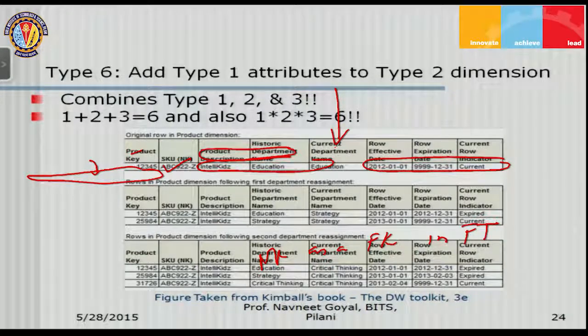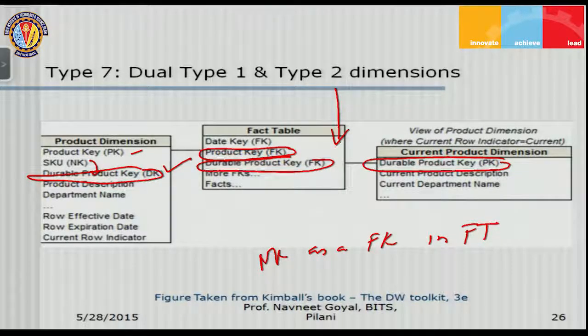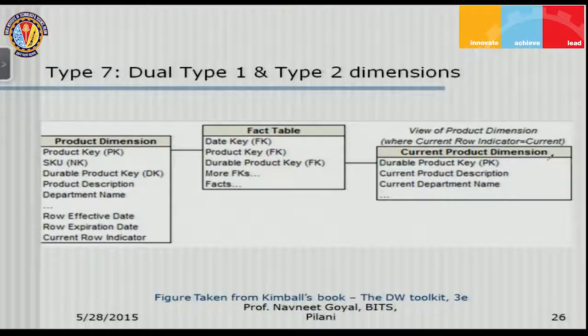To overcome this problem, type 7 was introduced, and for this we just needed to make a change: the natural key is assumed to be everlasting or never changing, and it is used as a foreign key in the fact table, and if it changes due to some reason, or if it is expected to change, then use a supernatural key in its place, right? So that's what is shown in this schema. Okay, so let me clear this.